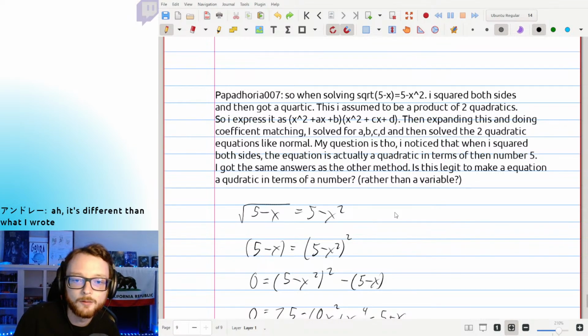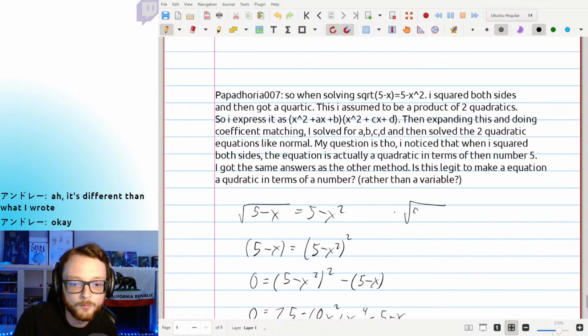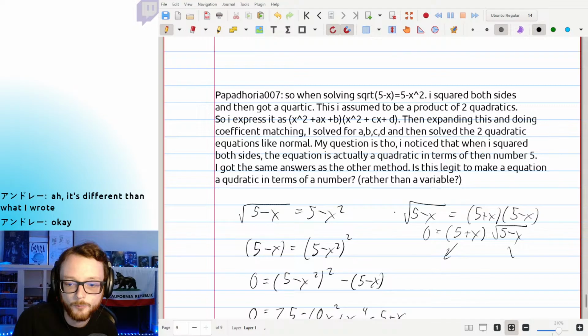Oh wait, isn't this still? Can we still divide out the root 5 minus x though? Doesn't the same thing still apply? Like, can we make this two different problems?